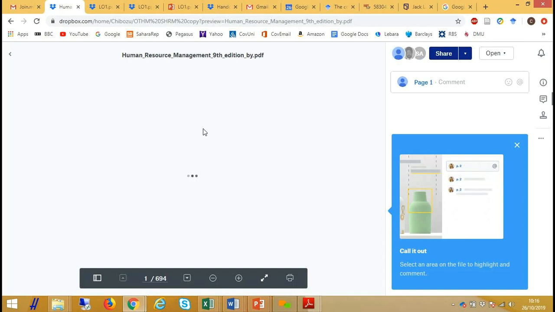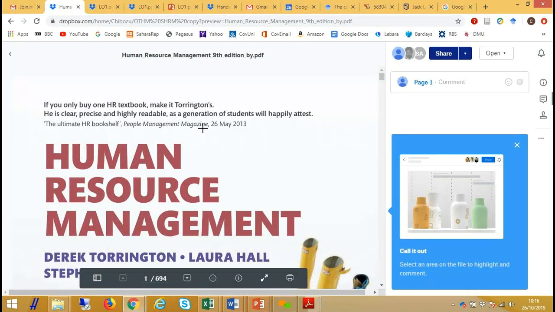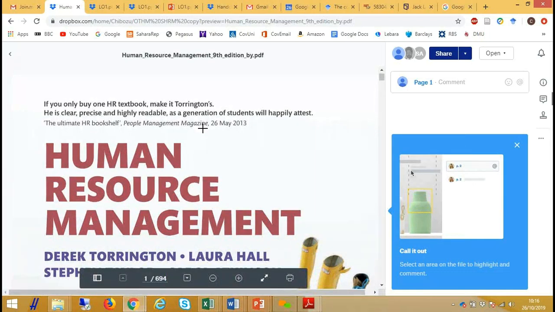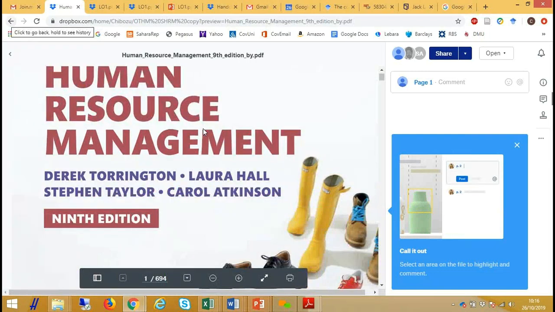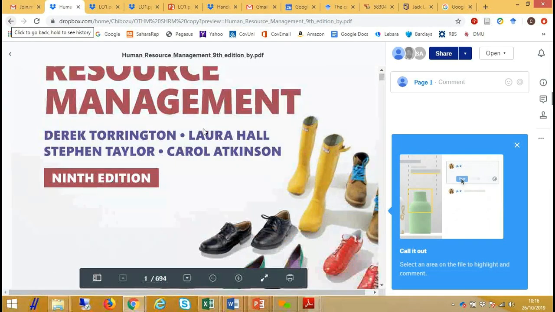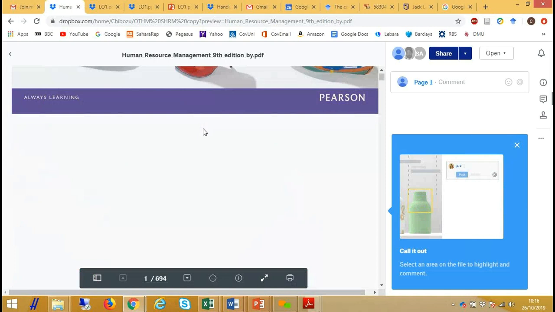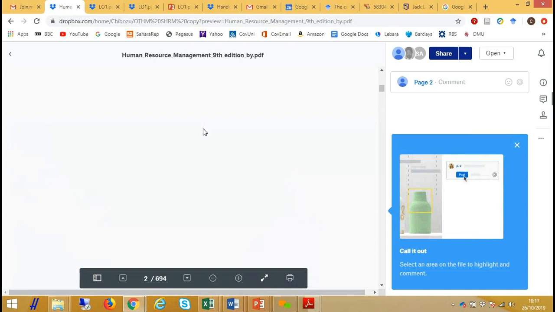Can you see my screen? Yes, I can. So the one by Torrington, a very, very good textbook by Torrington. You should have access to it on Moodle, and that's the 9th edition. Covers everything you need, to be honest. Most everything.